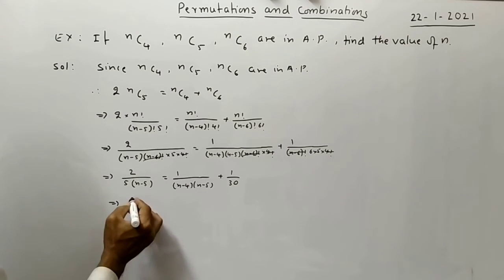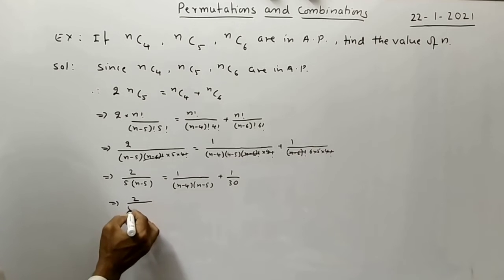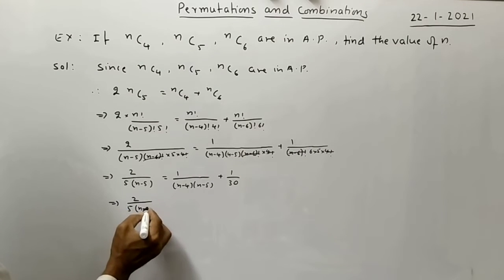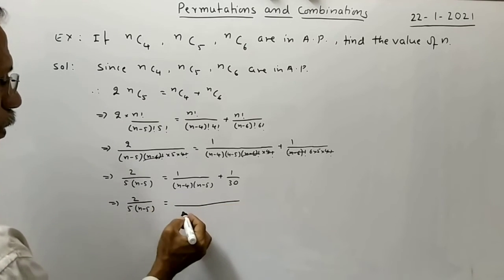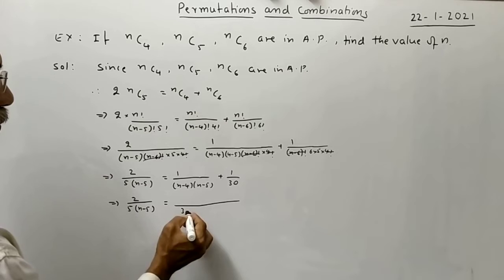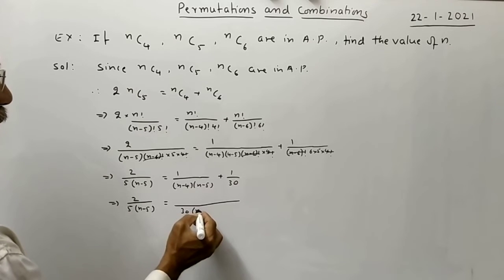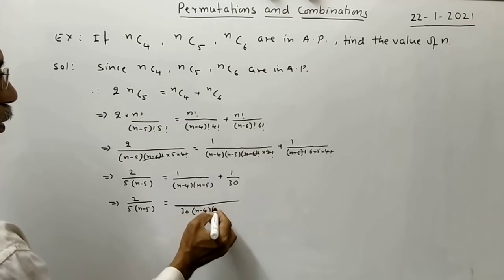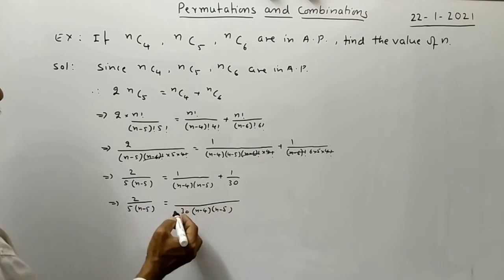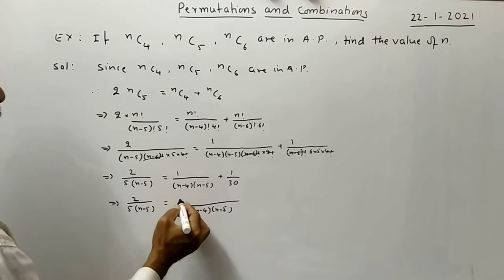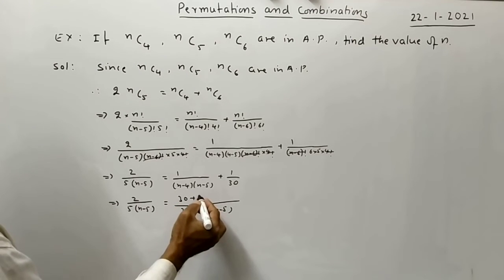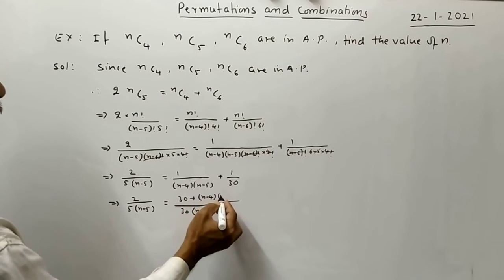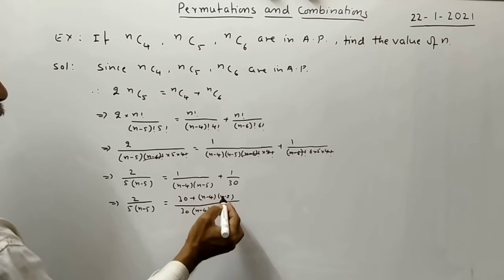This implies 2 divided by 5 into (n minus 5) is equal to, when you take LCM in the RHS, we get 30 into (n minus 4) into (n minus 5) in the denominator, and in the numerator 30 plus (n minus 4) into (n minus 5).